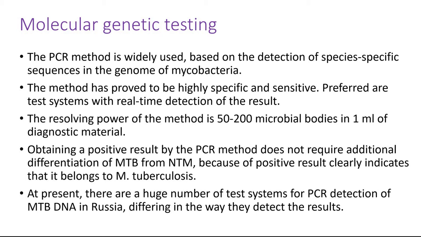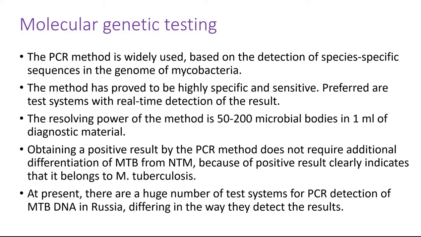Obtaining a positive result by the PCR method does not require additional differentiation of Mycobacteria tuberculosis from non-tuberculous mycobacteria, because a positive result clearly indicates that it belongs to Mycobacteria tuberculosis.